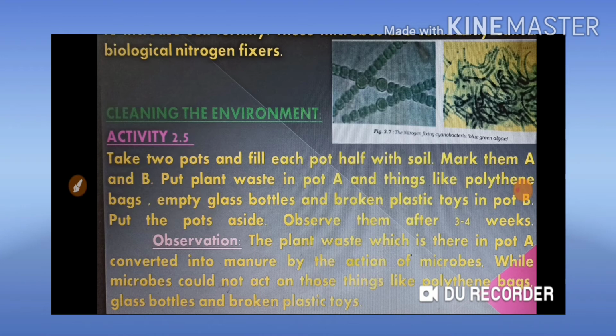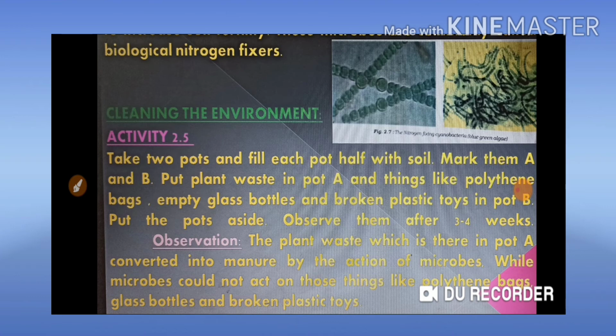What will you observe in these two pots, A and B? Is there any change in pot A and B? Pot A contains waste materials like plant leaves, small sticks and other waste particles.